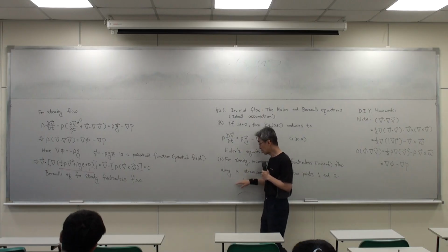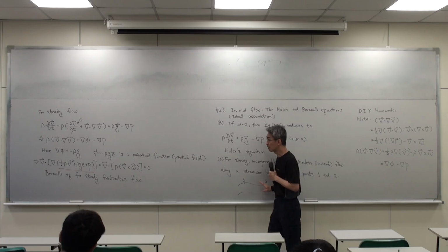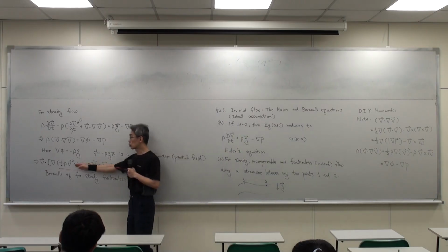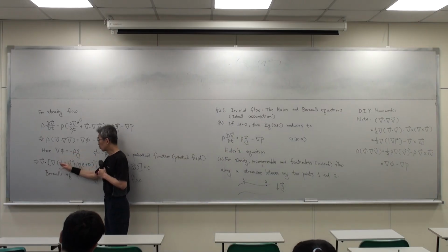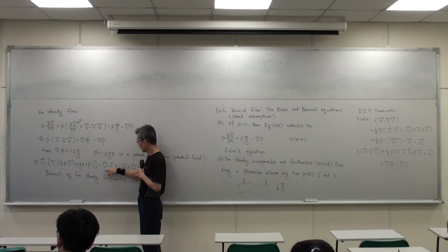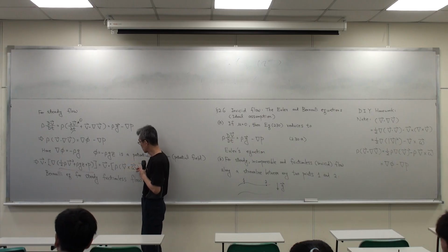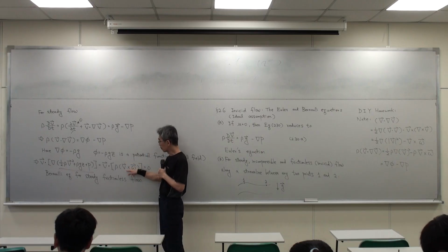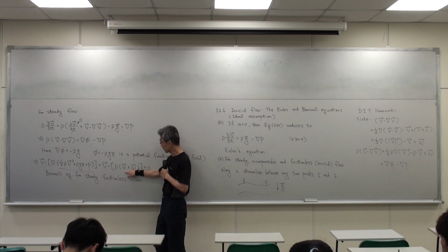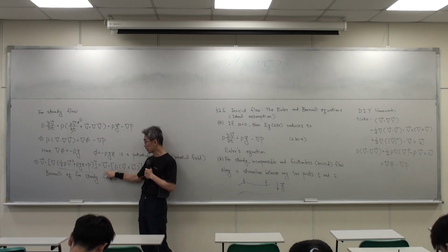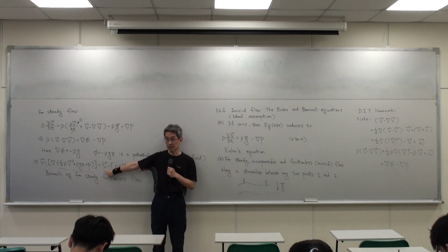Following the streamline means this should be a certain result: the velocity cross vorticity term. Basically it is perpendicular to the velocity direction, right?